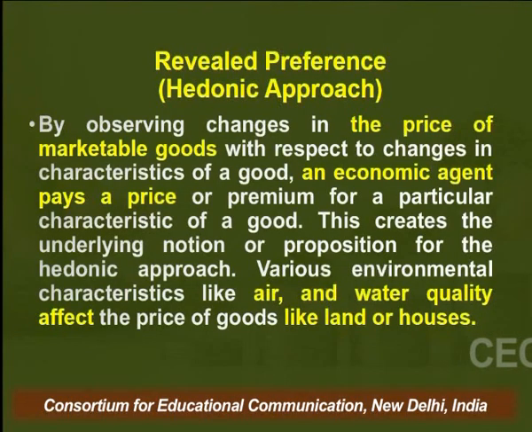By observing the changes in the price of the marketable good with respect to changes in the characteristic of the good, an economic agent pays a price or a premium for the particular characteristic. This creates the underlying notion or proposition of the hedonic approach.